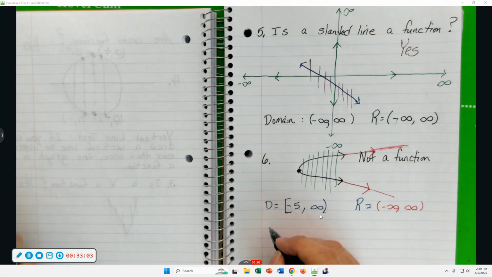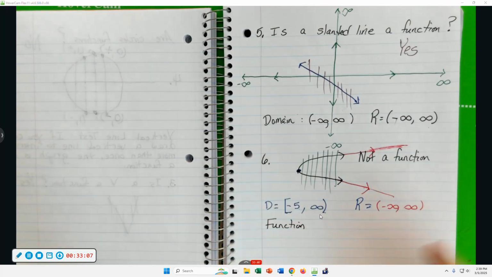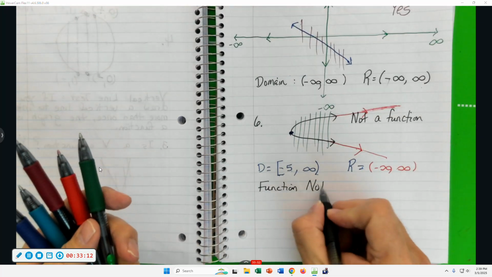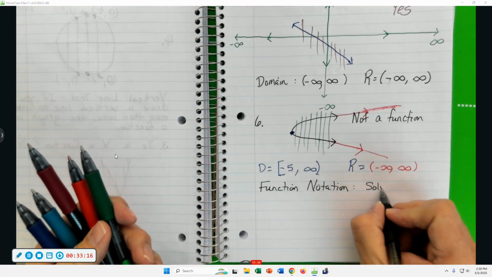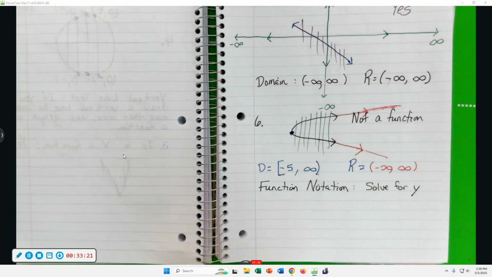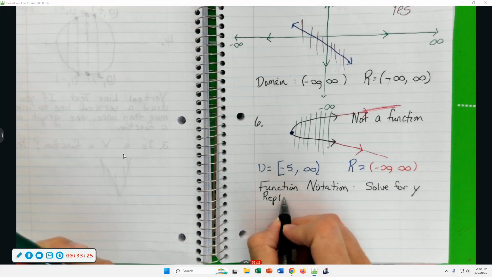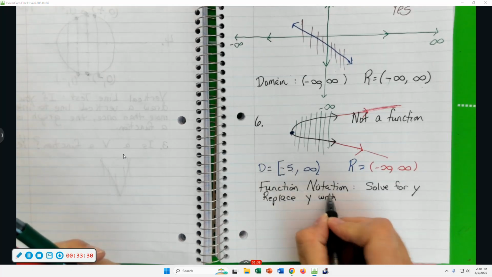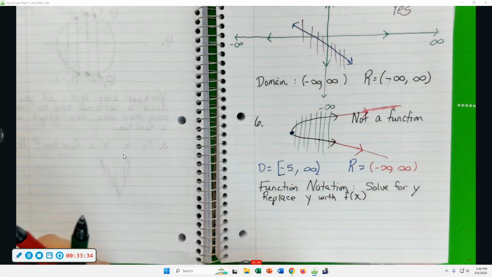But there's something called function notation. If you have an equation with x's and y's, you can solve for y, so the y is by itself, and then replace the y with f parentheses x.